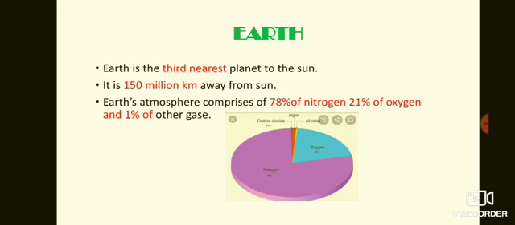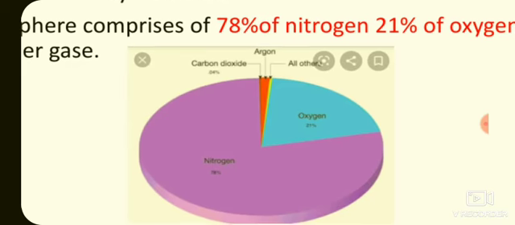The Sun is 150 million kilometers away from Earth. Earth's atmosphere comprises 78% nitrogen, 21% oxygen and 1% other gases. You can see this image here.